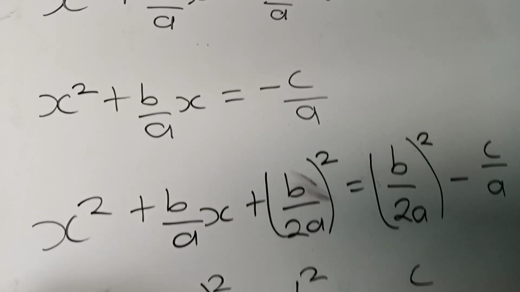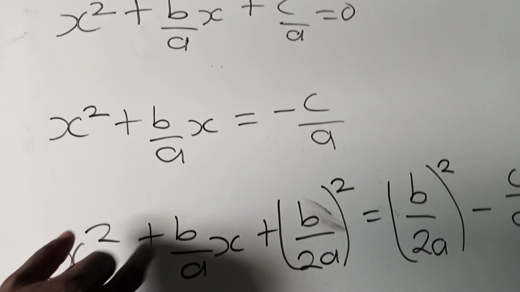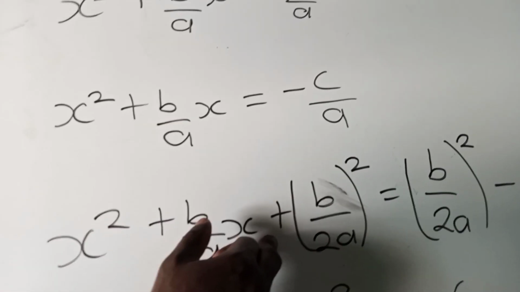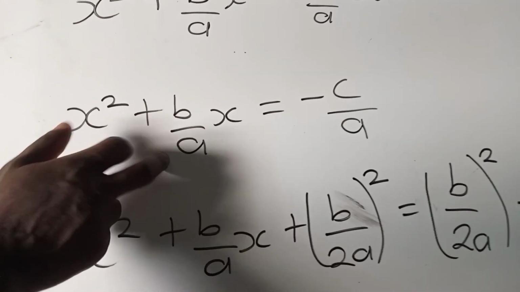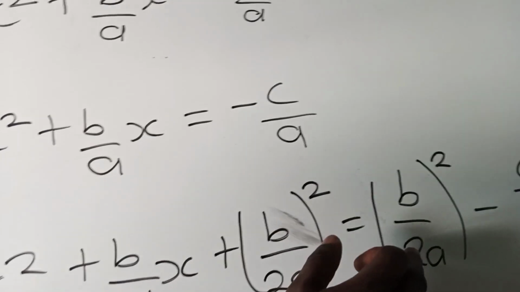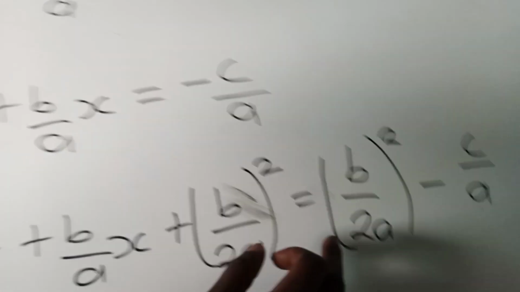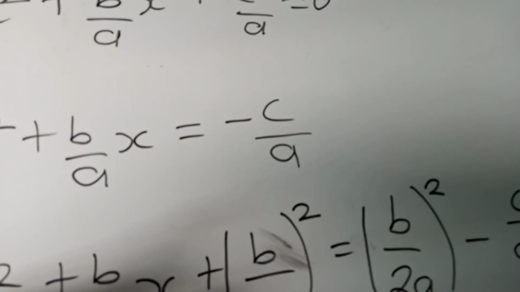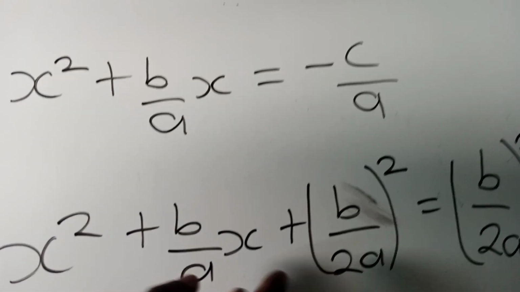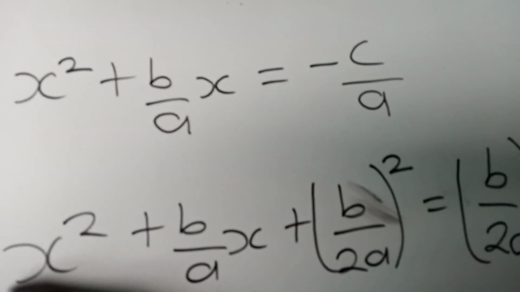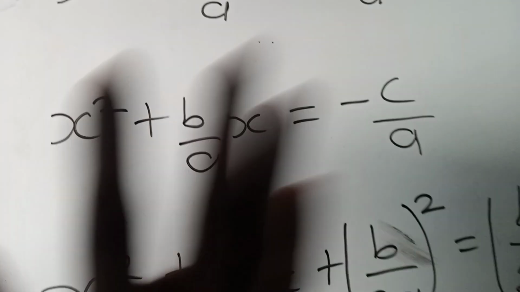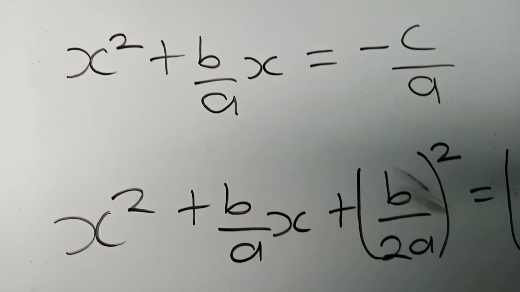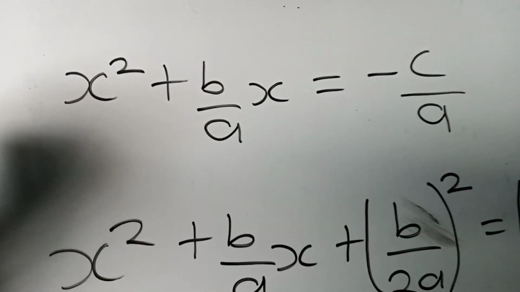So in adding to both sides of the equation, you come to have x squared plus b over a x plus b over 2a squared. When you find half of this, then you square it, you add to this side, then you also add to this side of the equation. So it becomes this. You realize that when you take the half here and the x here, then you square it, after you expand the bracket, you're going to have this same thing back.